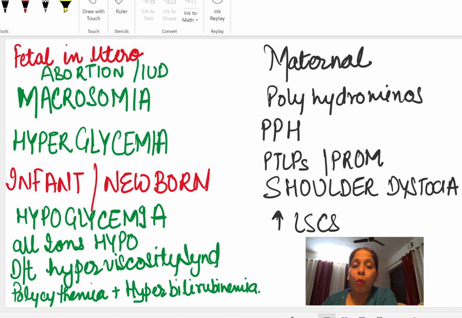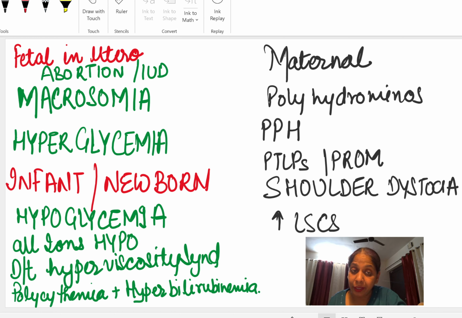Okay, what are the complications in the infants or newborn? Now this in-utero fetus has come out. As you all know, this fetus suffers from hypoglycemia. This time there will be no hyperglycemia, there will be hypoglycemia, because this fetus has come out, and all the ions, whether it is potassium, calcium, sodium, phosphate, will also be low.